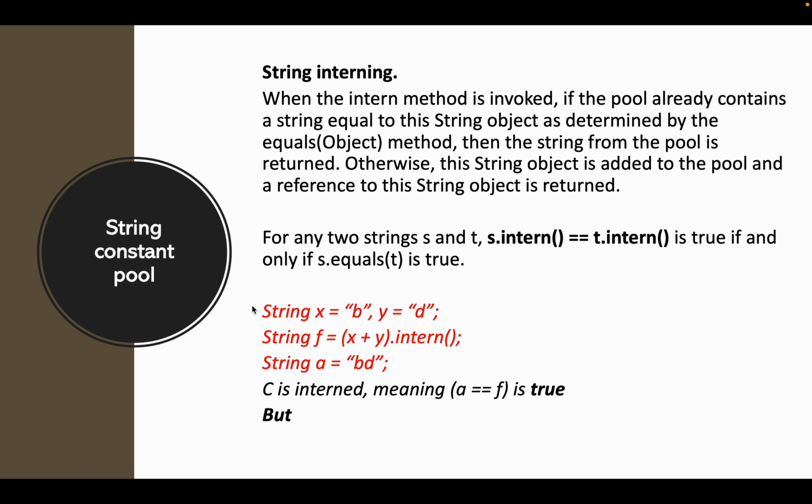Otherwise, the string object is added to the pool, and a reference to the string object is returned. So it follows that for any two strings s and t, s.intern() == t.intern() is true if and only if s.equals(t) is true.